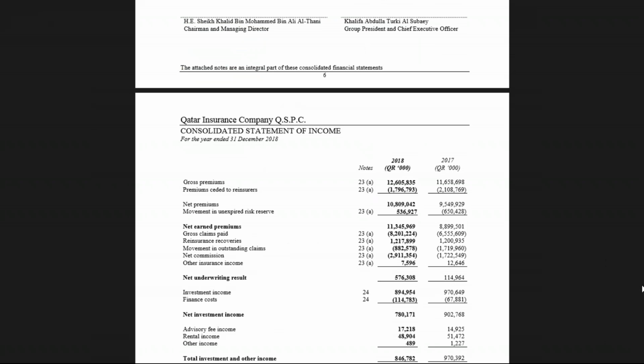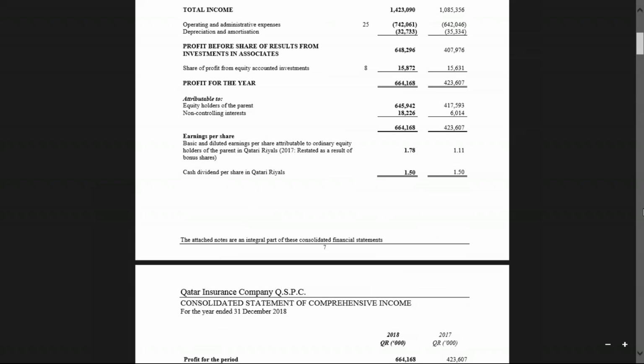Now over here we have some of the important features. This part is your consolidated statement of income, your income and expenditure statement, kind of your profit and loss statement.